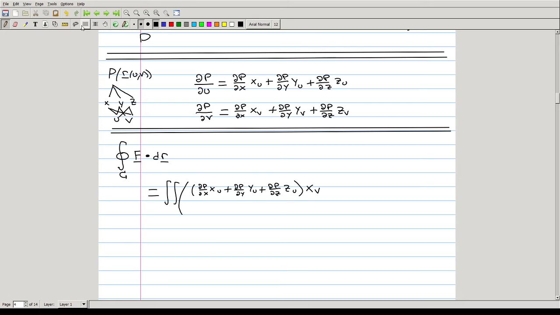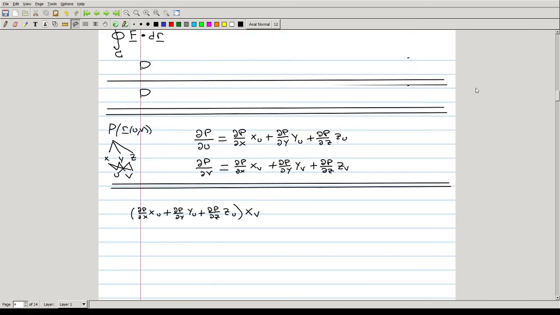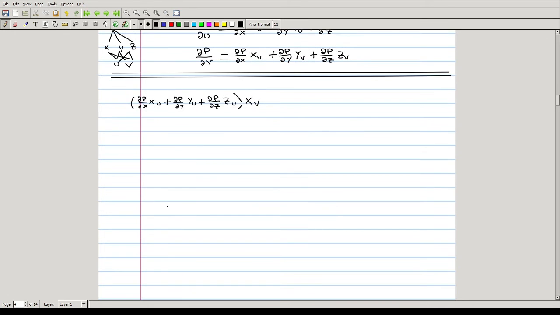And before I even plug into the integral, let's just go through and see exactly what the integrand is. That way I don't waste any space here. So we'll call this entire thing in parentheses the integrand, because that's what it is. And let's simplify the integrand right now.